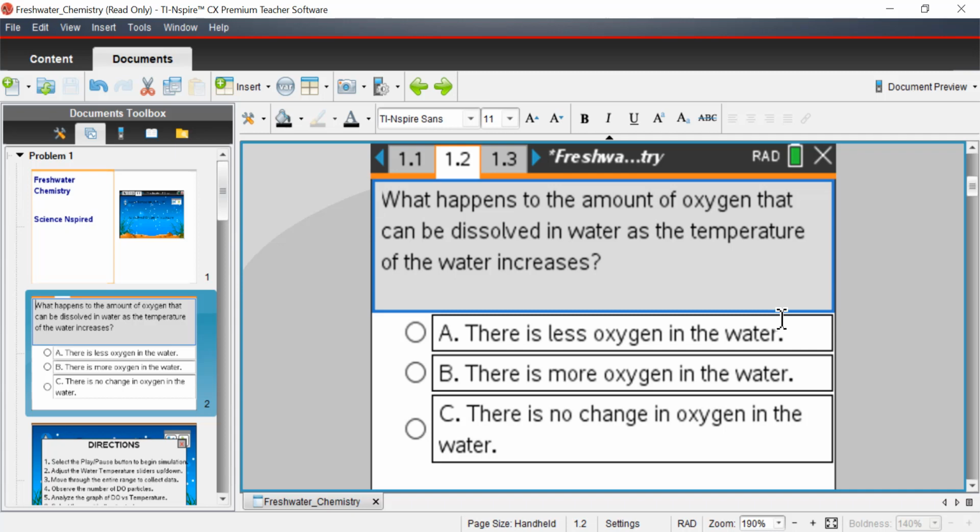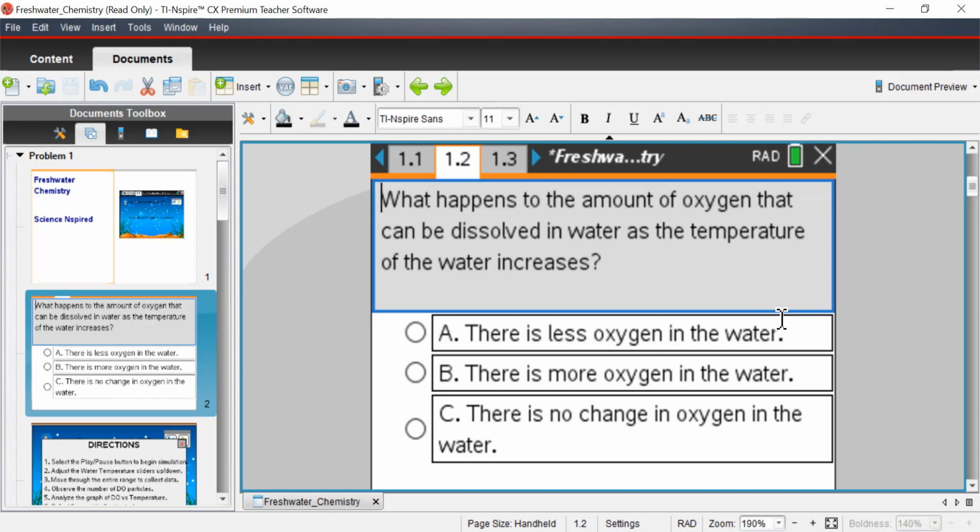Well, before we can get an answer, let's go over a little bit of this concept of dissolved oxygen. So fish, like people, require oxygen to breathe. We have to have O2 to breathe. The way fish get it is with their gills. Their gills are kind of like our lungs, and those gills are able to pull the oxygen out of the water, and the bodies can use it.